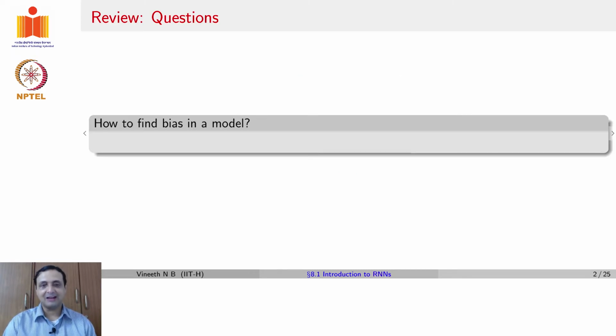Before we get started on the topic, we had one question that we left behind from last week when we completed our lectures on CNNs for human understanding. And the question, an important one in today's times, was how do you find bias in a model?